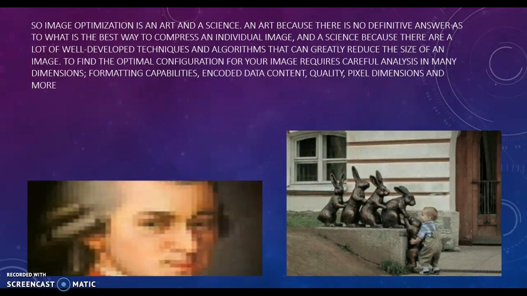So image optimization is an art and a science, because there is no definitive answer as to what is the best way to compress an individual image. It is a science because there are a lot of well-developed techniques and algorithms that can greatly reduce the size of an image.